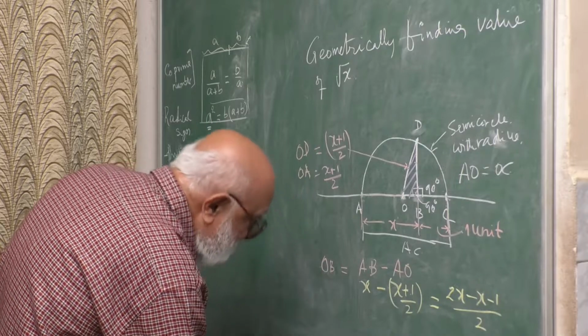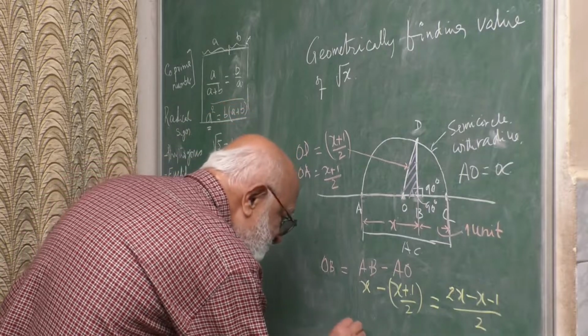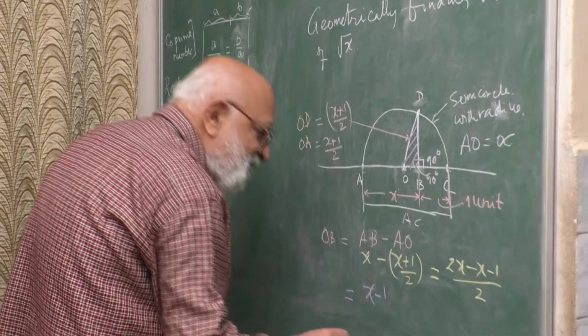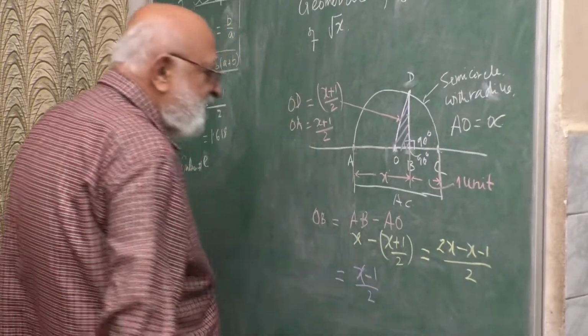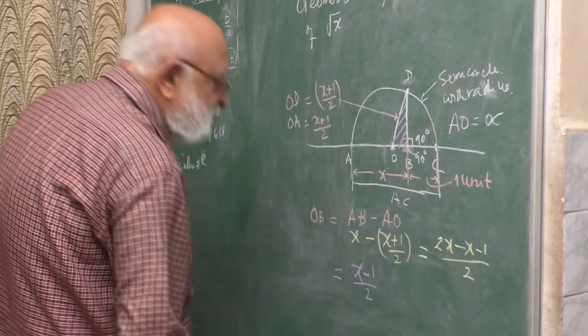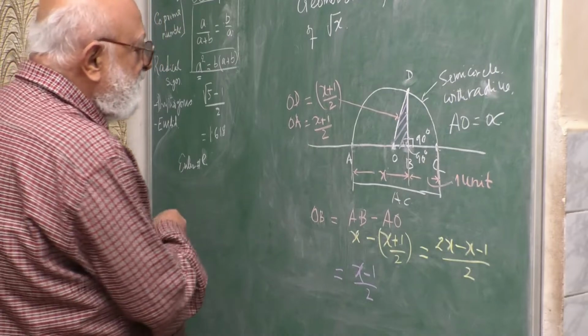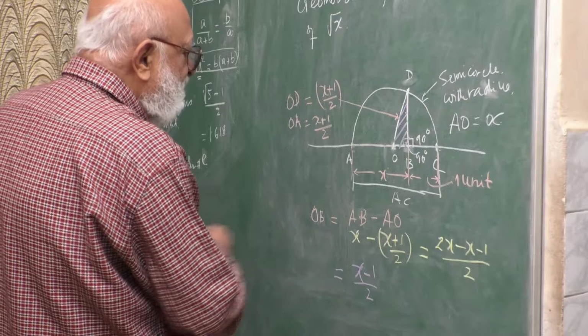Maybe because of some variation you will be able to do. See, so this would be (x minus 1) divided by 2. Now I have got all the sides. So I have to find out the value of OD.